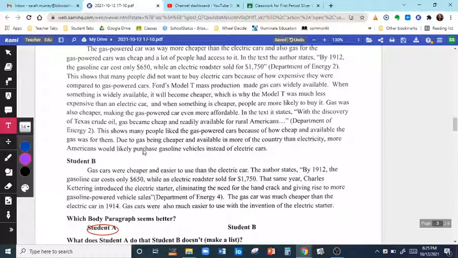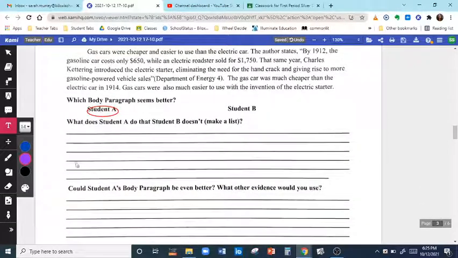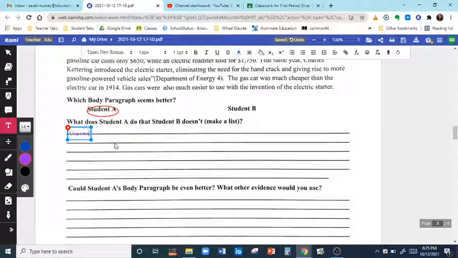So let's look. First of all, they use two pieces of evidence to support their opinion. That's like having pictures and screenshots, guys.